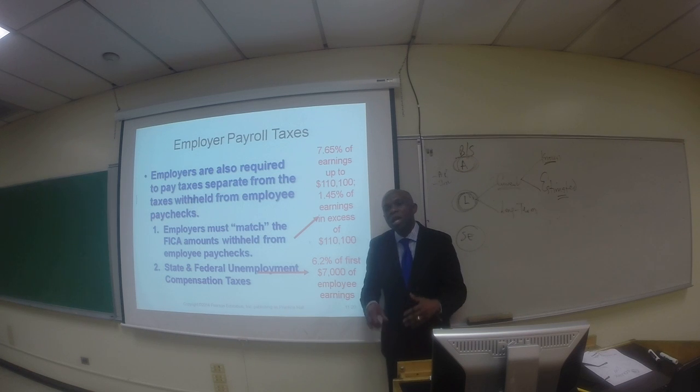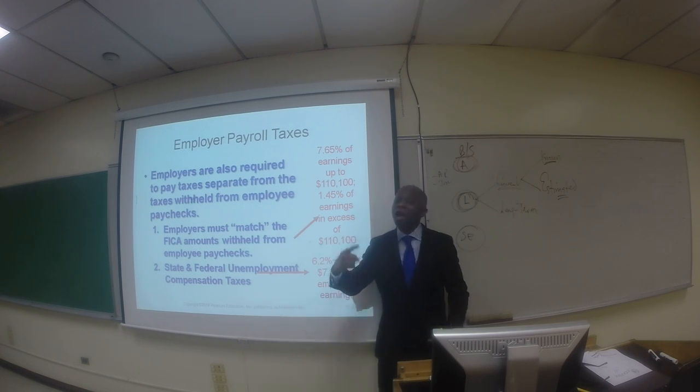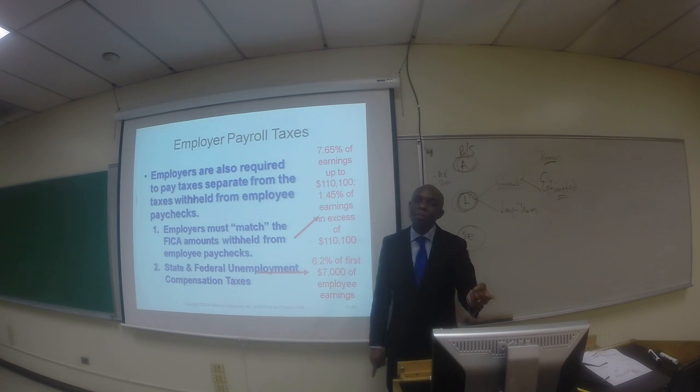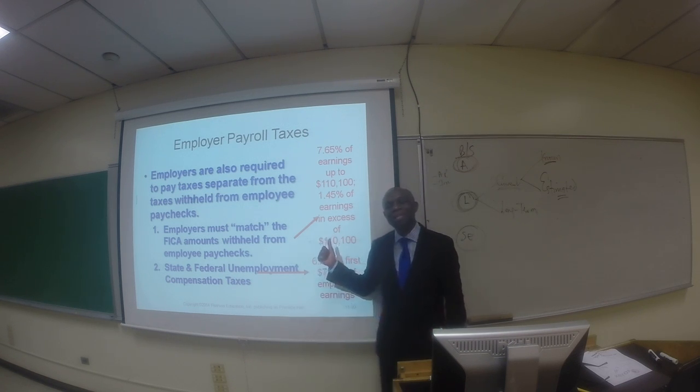Listen to this carefully. Just like you have your rent expense, telephone expense, property tax, and so on, anytime a company has a payroll, the government asks the company to pay a special type of tax, and we call that payroll tax expense. If you don't have payroll, then you don't have to worry about paying payroll tax expense.